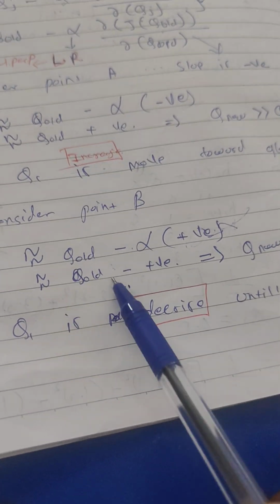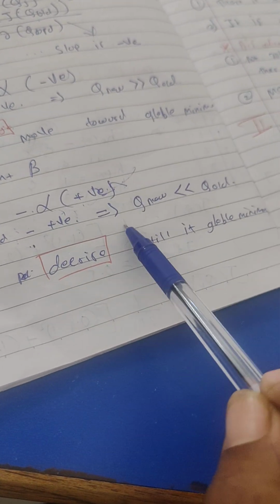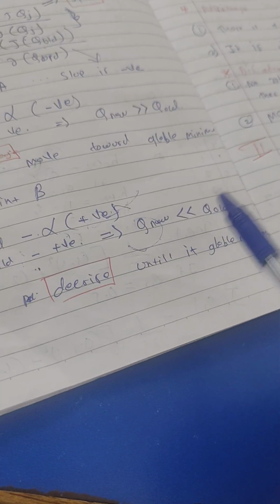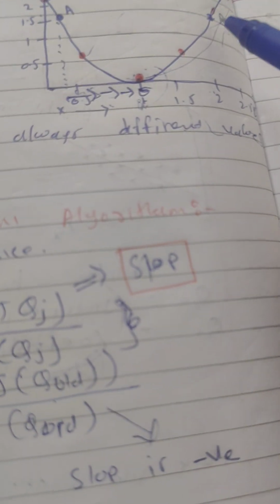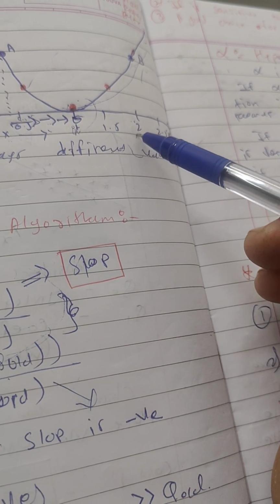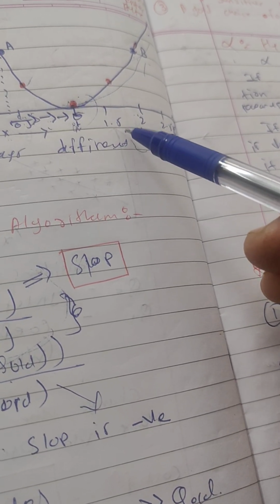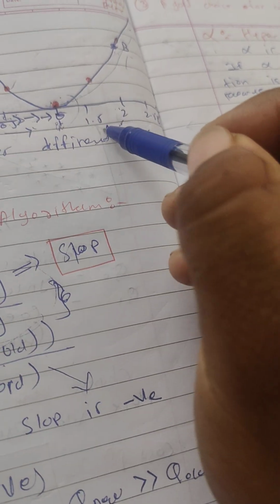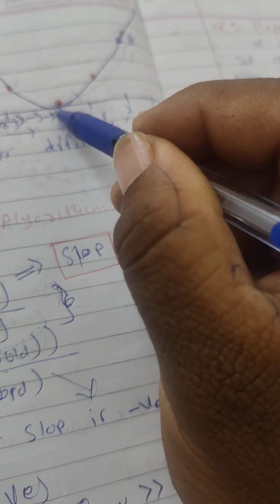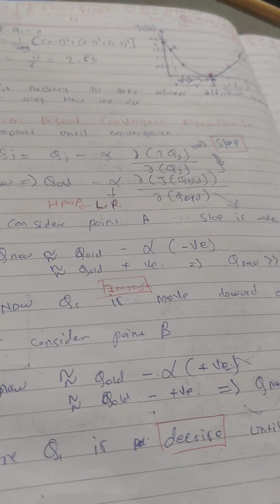So from the old value we subtract some value, which means our new theta 1 is lesser than old theta 1. So our present point is here and the new point is here, and using the learning rate, we go slowly to the global minima. This is just the gradient descent convergence algorithm.